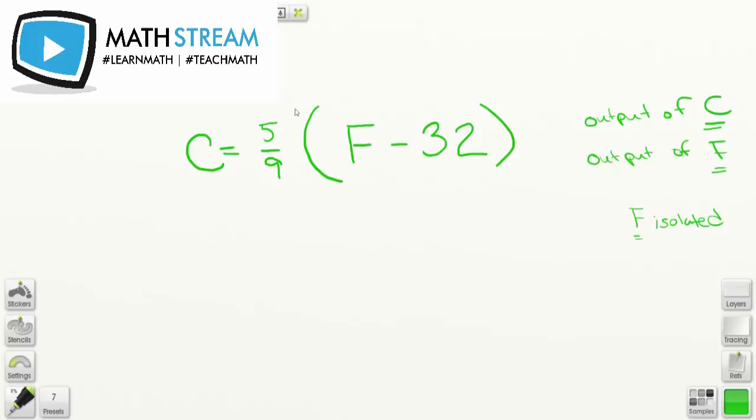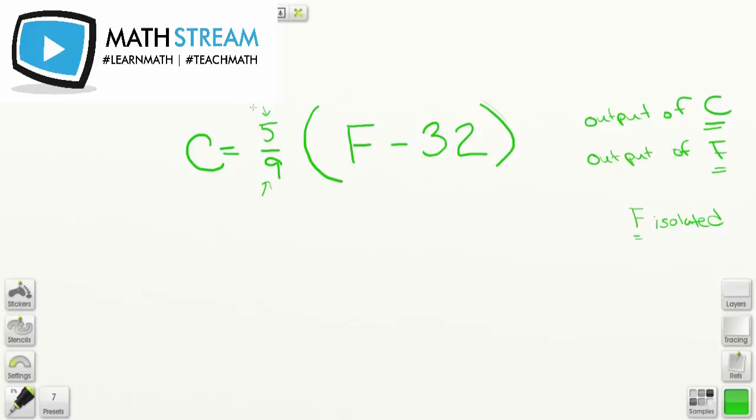It's 5/9 times all this stuff, right? This is kind of the outside present out here. 5/9. We're trying to multiply. We want to get rid of that. How do we get rid of a fraction? Well, multiplying by a fraction, it's kind of like we're multiplying by 5 and dividing by 9.